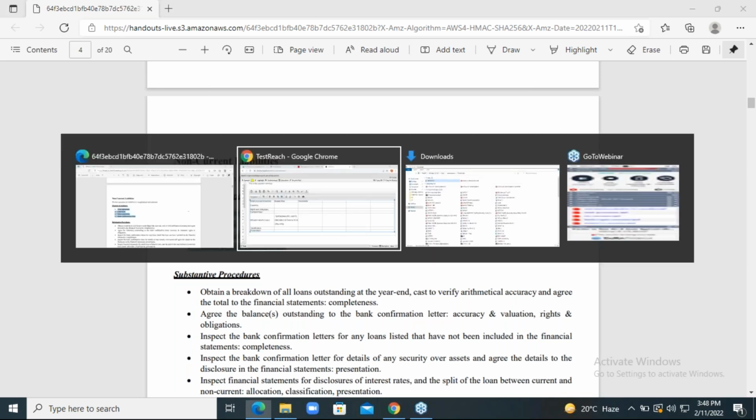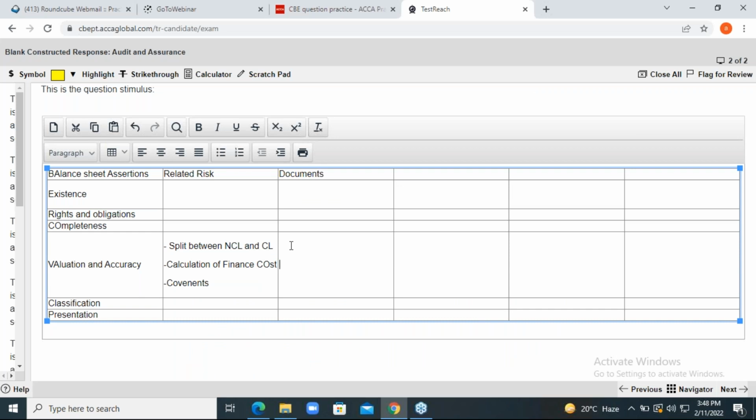So what should be done by students? They should write or memorize these documents. Students must be aware that there are documents like loan agreement, bank statement, and cash register.